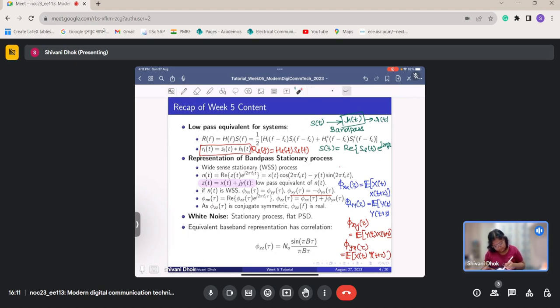Since this derivation was a little bit complicated, I'm going to take it as one of the questions in the upcoming section. So this will be much clearer there.